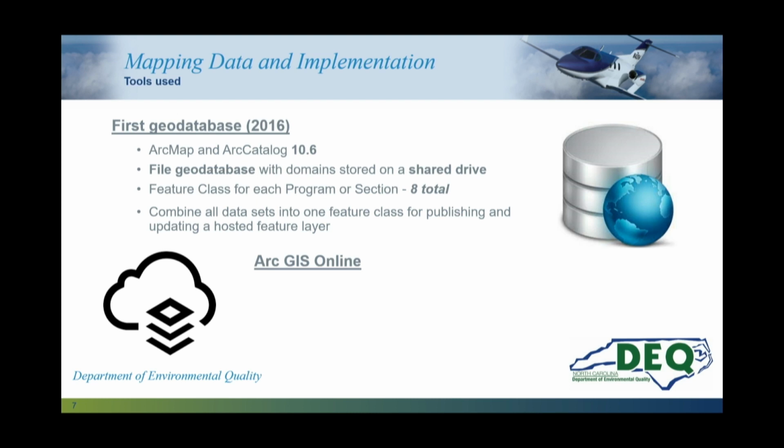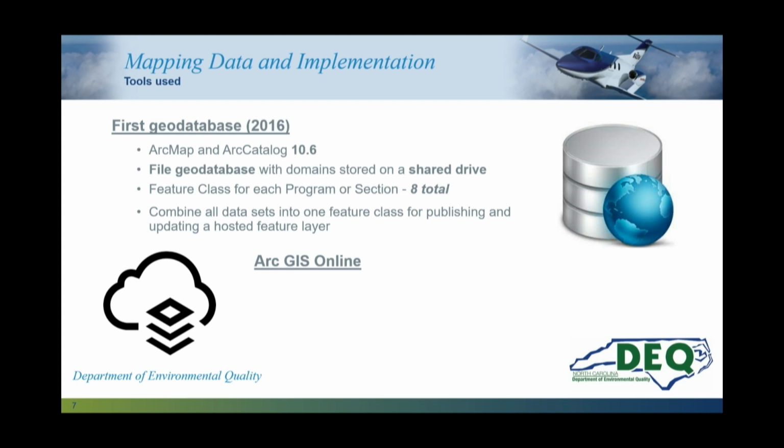So we ended up creating that, storing it on the shared drive so that every agency could have access. And then we created eight or so feature classes that would be stored in that geodatabase, each feature class representing the respective agencies.